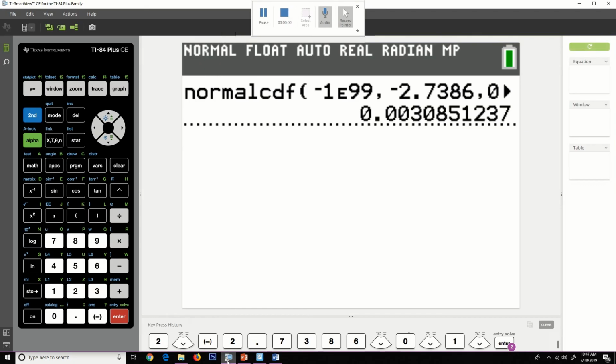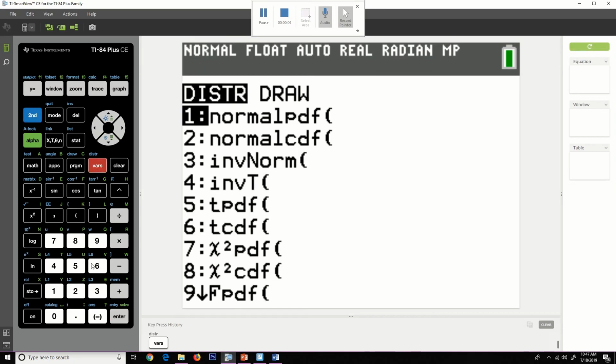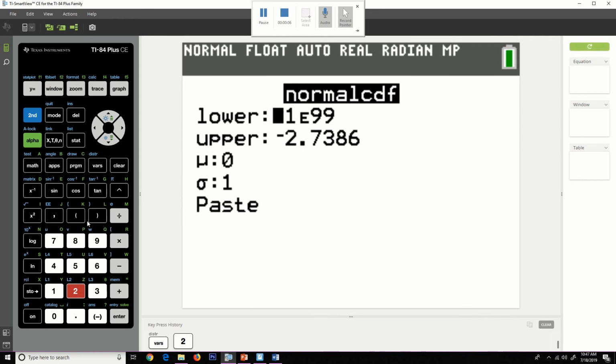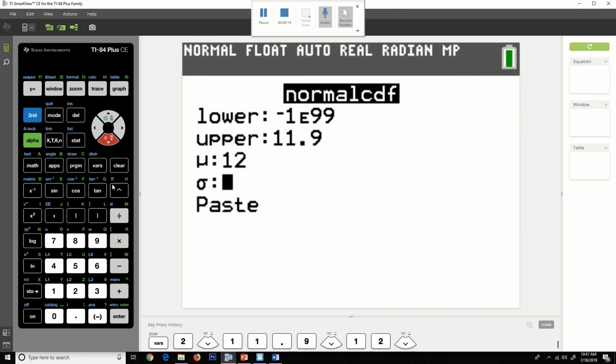And okay, so if we go second, we'll do normal CDF. This time we're going to go from negative infinity to the sample mean, and then this will be our proposed mean of 12, and our standard deviation won't be 1, it'll be the standard error.